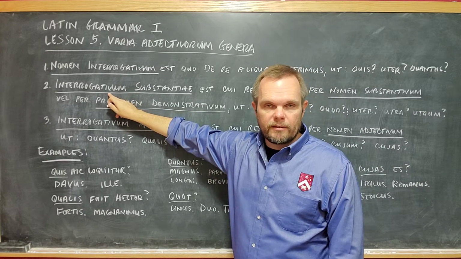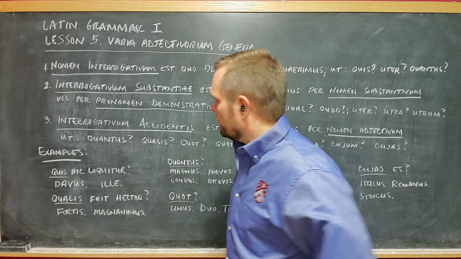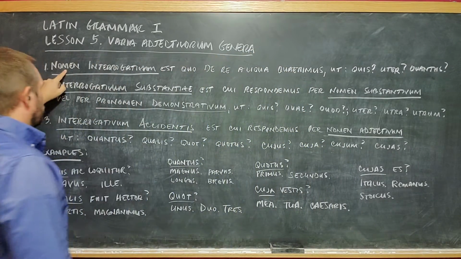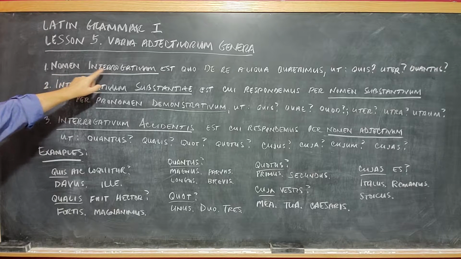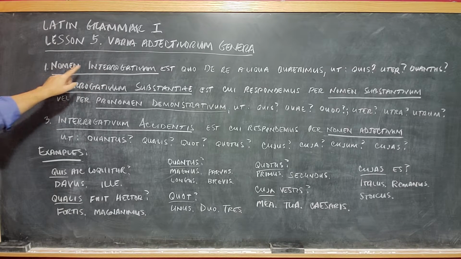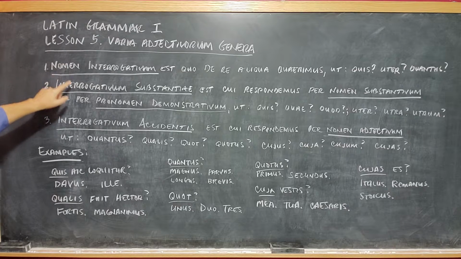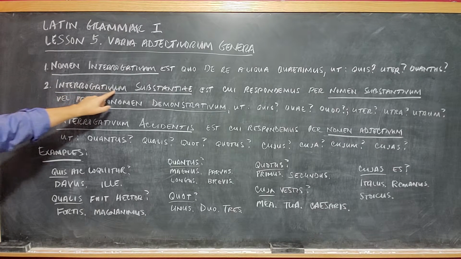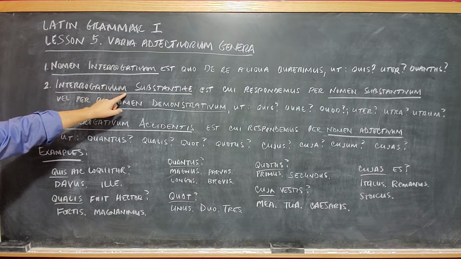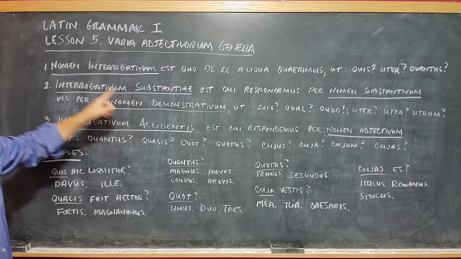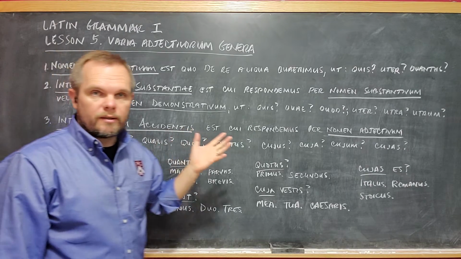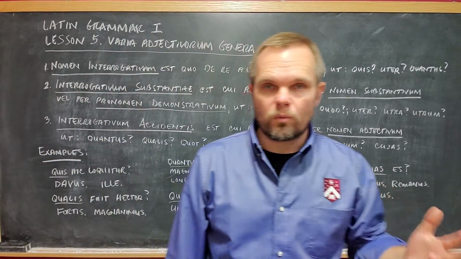has a substantive understood. Here in definition 1, you see we refer to an interrogativum nomen, an interrogative noun. Here we have the adjective interrogativum, but we don't express the substantive because it's already understood in this lesson from rule number 1.